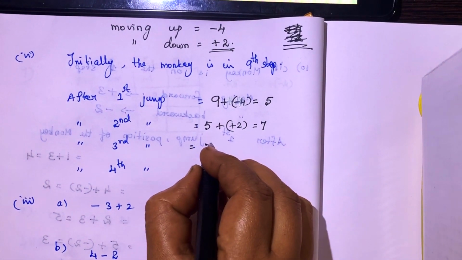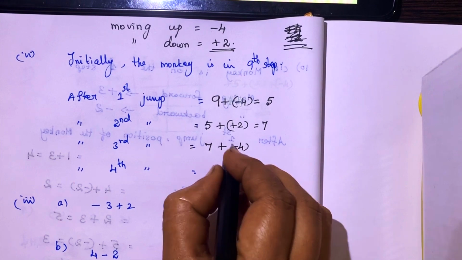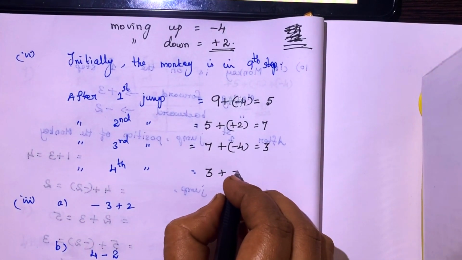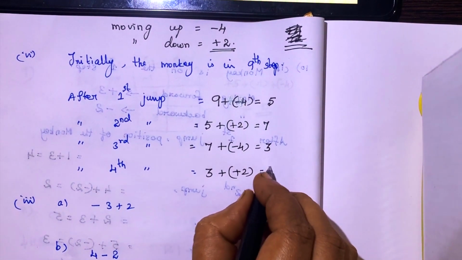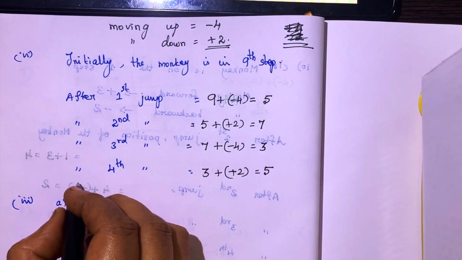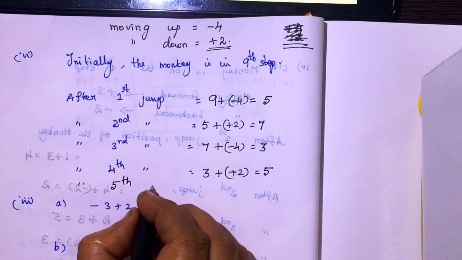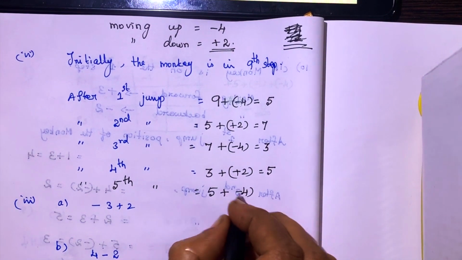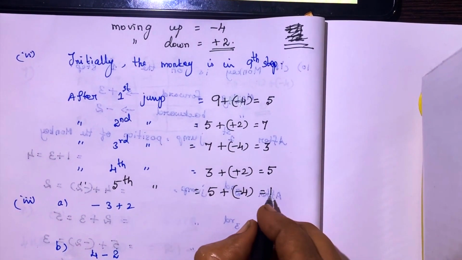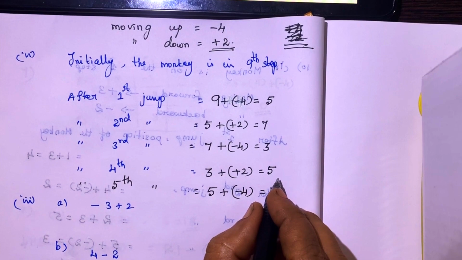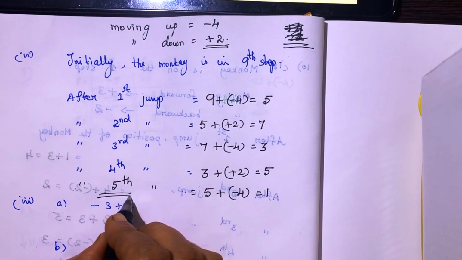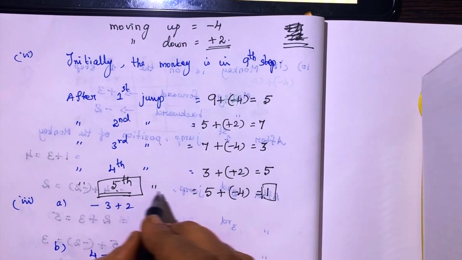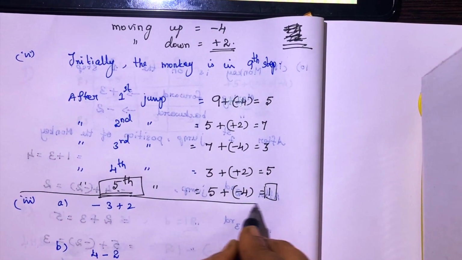And as usual, same way, 7 plus minus 4, third step. 3 plus 2 is equal to 5. Now, after the fifth jump, 5 plus minus 4 is equal to 1. So it reaches the first step in the fifth jump. Is it clear for you?